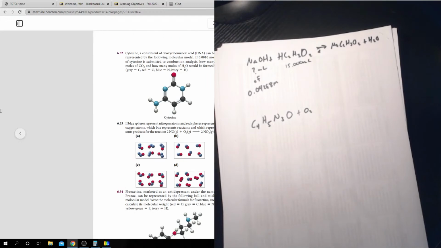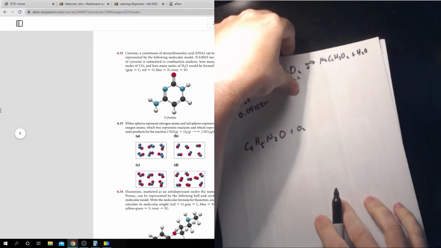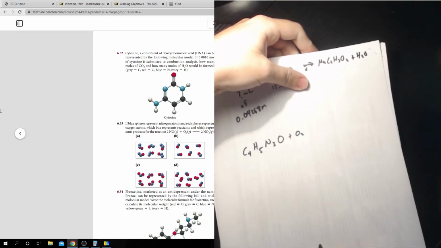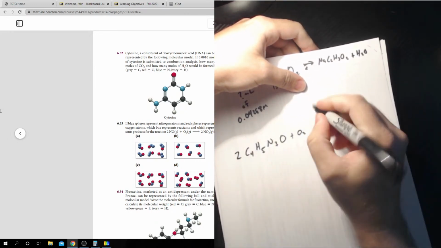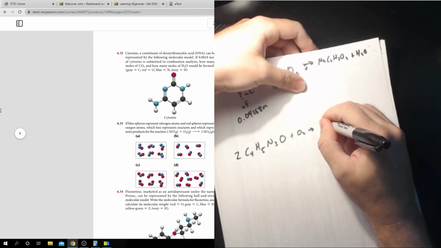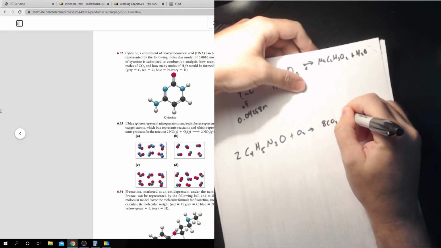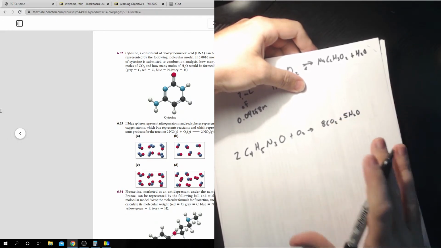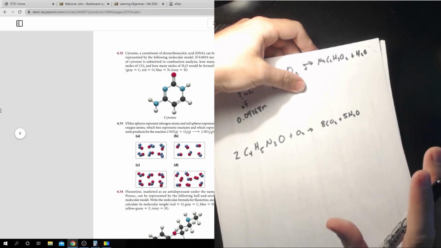All right, so, okay, the nitrogen isn't going to be involved in the CO2 or the H2O. So let's just go ahead. We're going to have 8 CO2 and 5 H2O. Yeah, I think that's the best I can do with that.